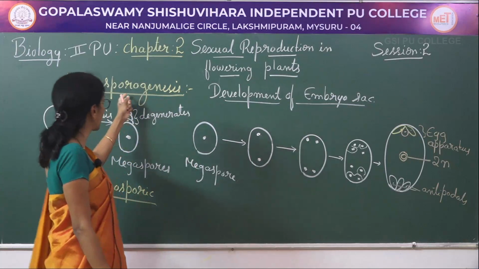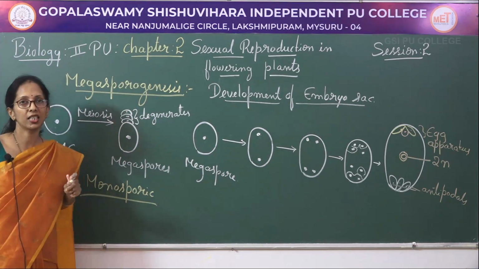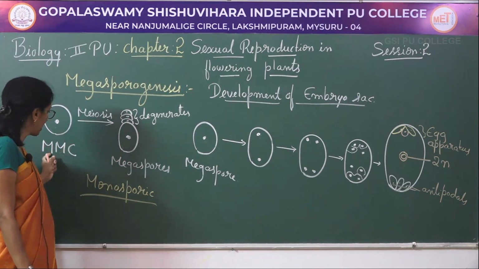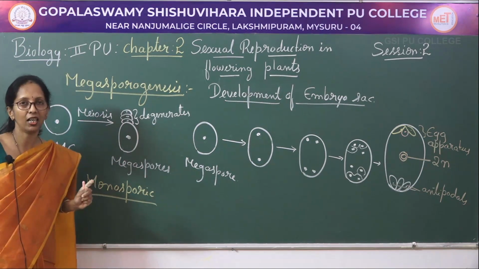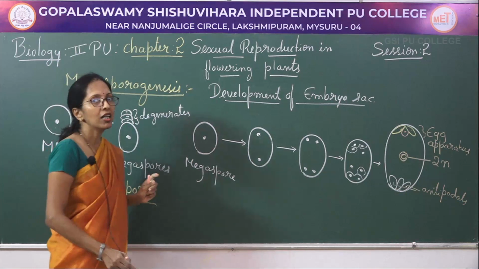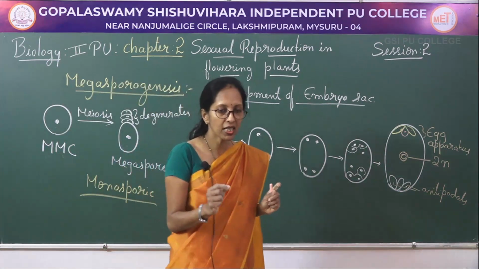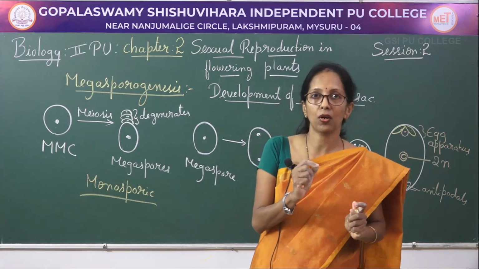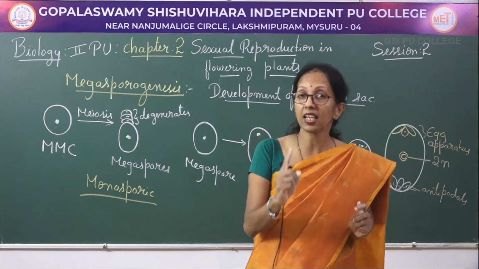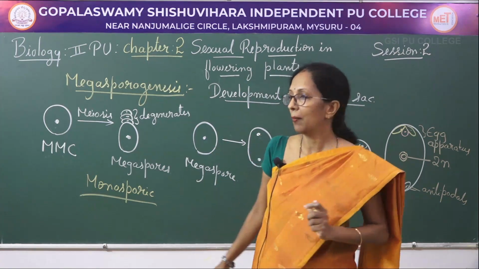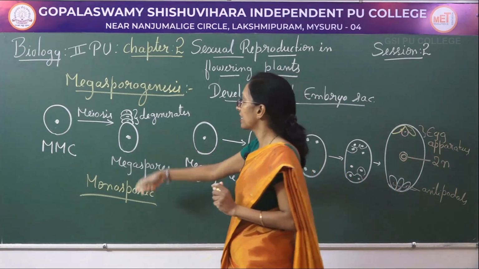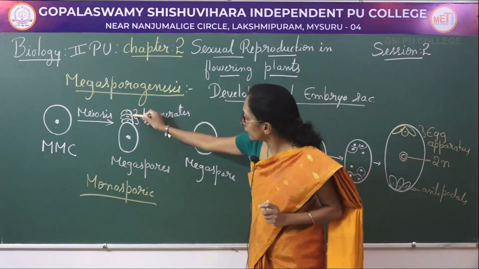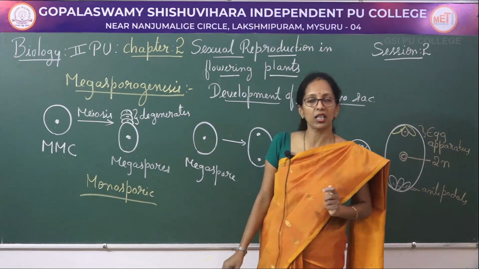So first is the megasporogenesis, the synthesis of megaspore from the megaspore mother cell, that is within the nucellus towards the micropylar region. There is a presence of only one cell that acts as a megaspore mother cell, which undergoes meiotic division and results in the formation of 4 cells.